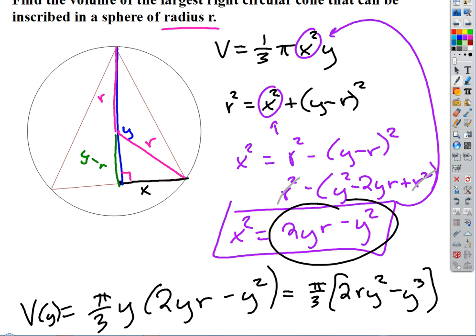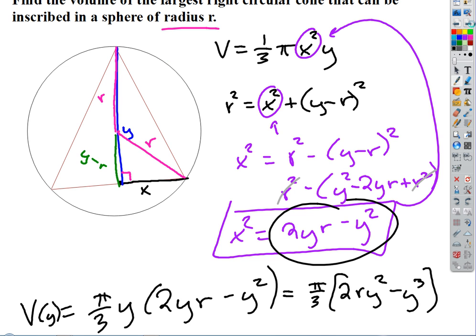So if y is our independent variable, what would be the smallest value of y that we would want to consider? 0, slightly above 0. I mean, we could make y go clear up here, but is it going to make any difference? If you think about the formula for the volume of a right circular cone, it depends on the radius and the height, right?